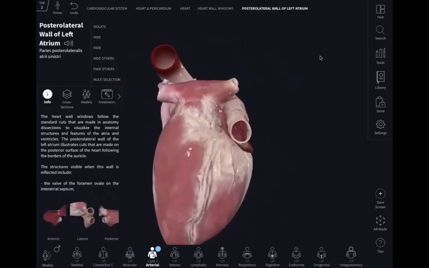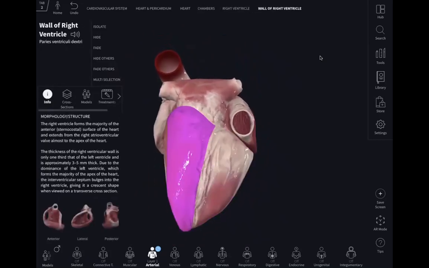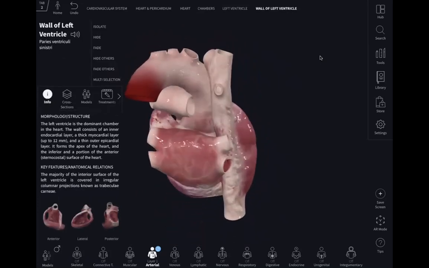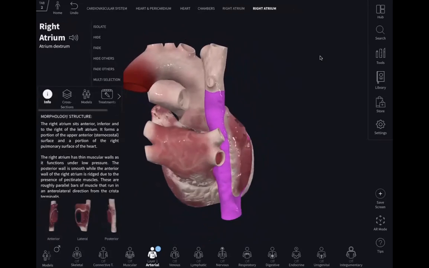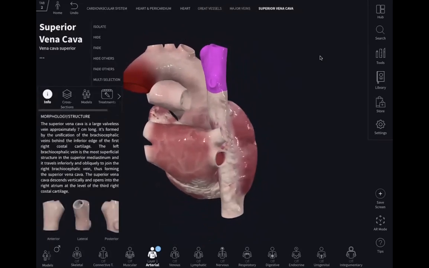On the inferior aspect, if you can see, this will be your right ventricle, and this will be your left ventricle as well. Okay, here is the right atrium. Inferior to the right atrium, you can see the inferior vena cava, and above you can see the superior vena cava as well.